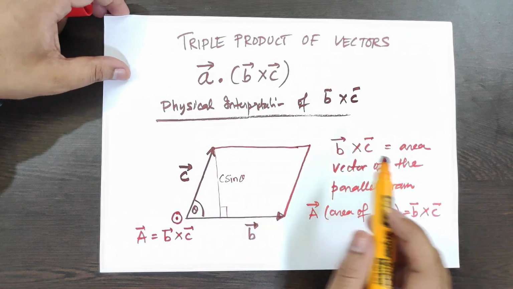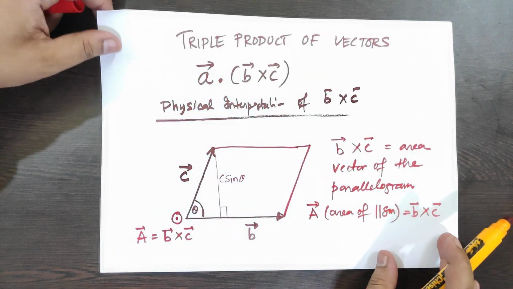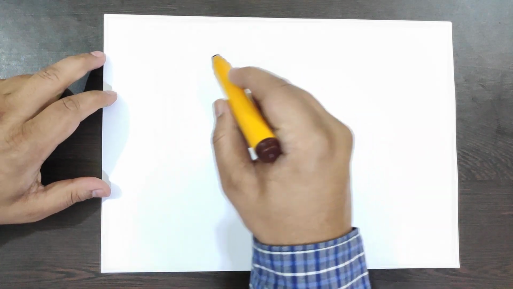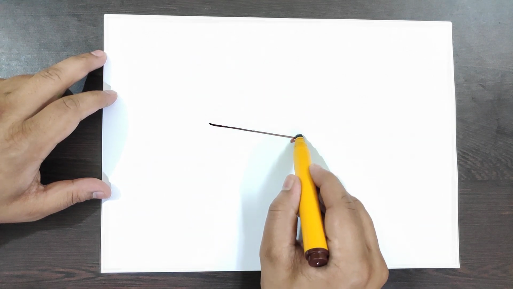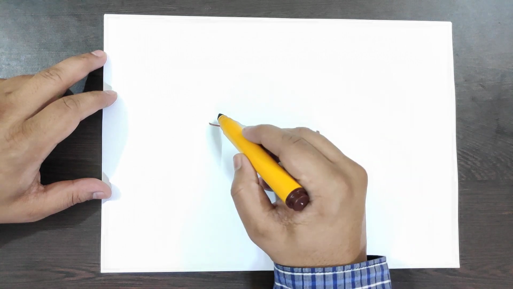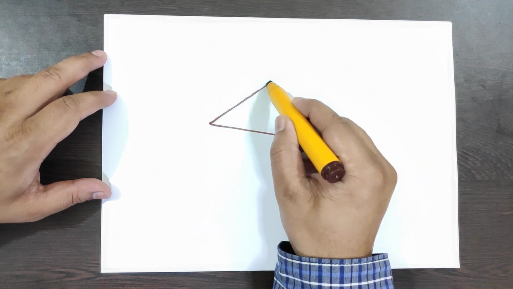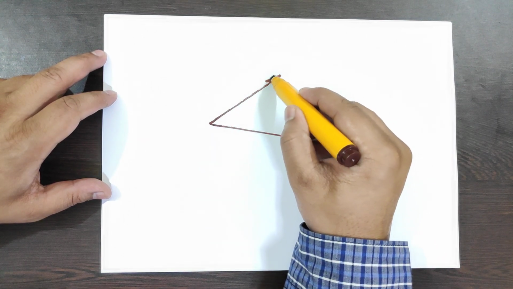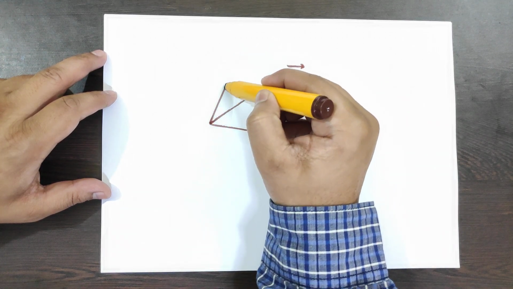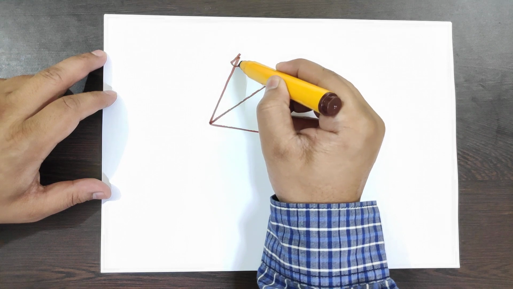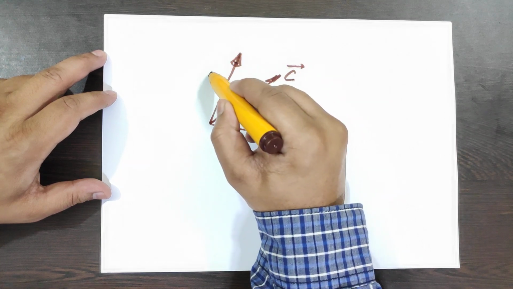Now we are discussing here triple product. So A dot B cross C. Now let's bring in one more vector A, and say B and C. Vector B and C are in a plane, and let's bring in vector A also here, right?